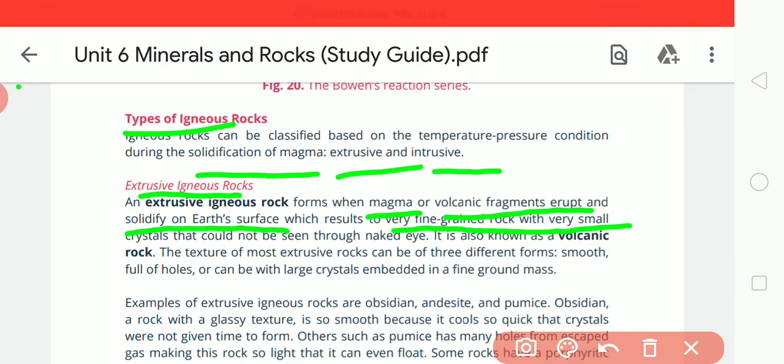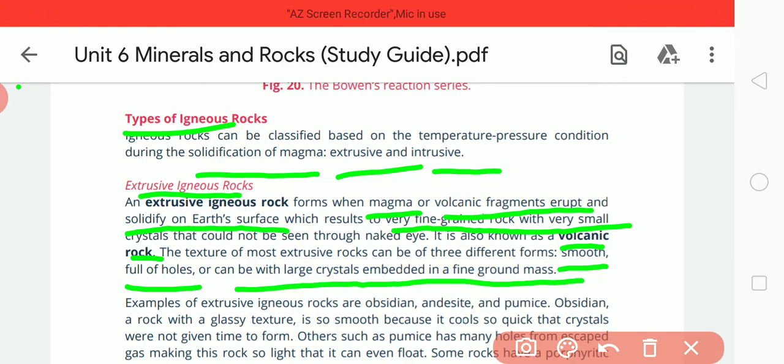It is also known as volcanic rock. The texture of most extrusive rocks can be in three different forms: smooth, full of holes, or large crystals embedded in a fine groundmass.